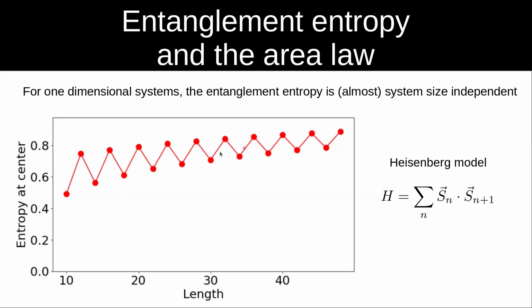And actually, this is a growth that is logarithmic with the system size, which in practice, you can even think that is system size independent for most of the systems that we are going to deal with. And again, this is the reason why we can actually describe large states or large systems with a relatively small bond dimension, simply because the entanglement entropy of the system grows very, very slowly with the system size.